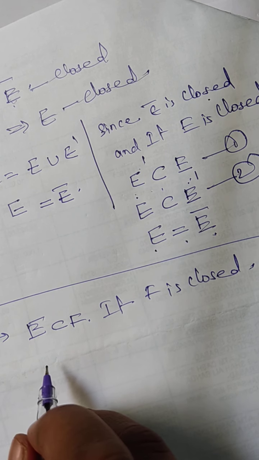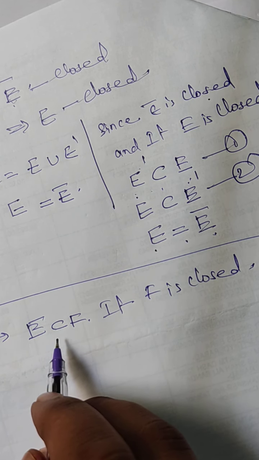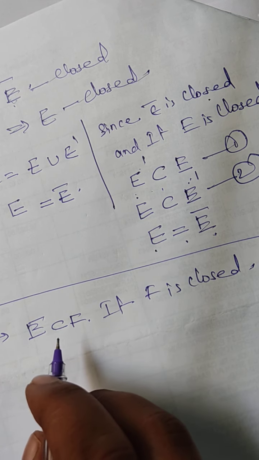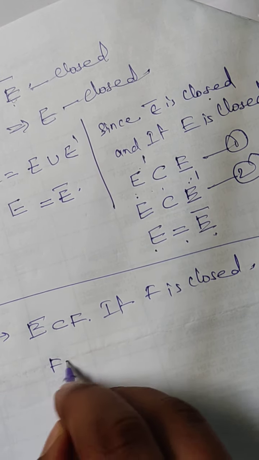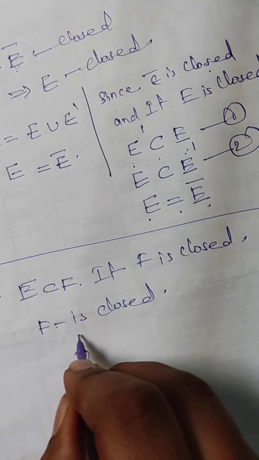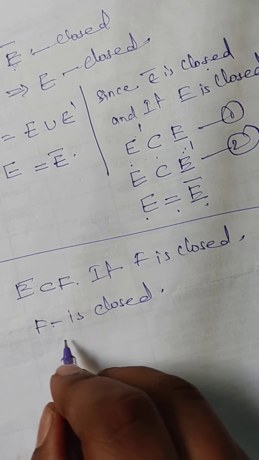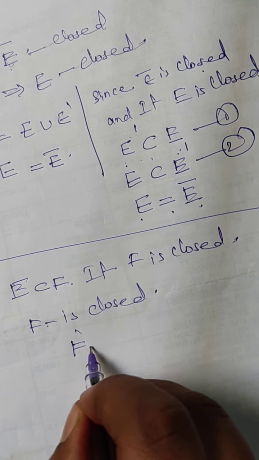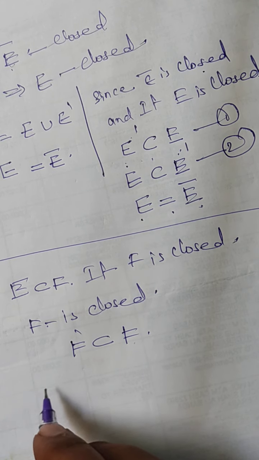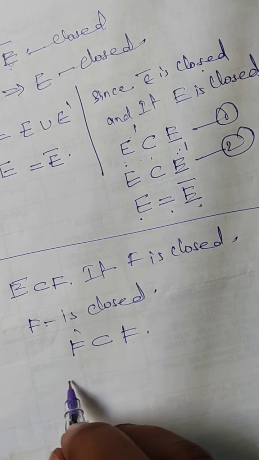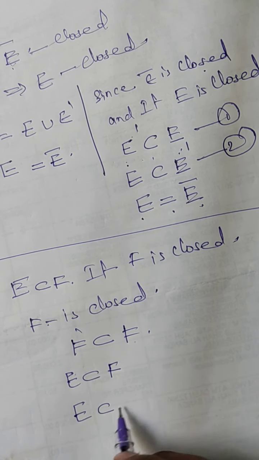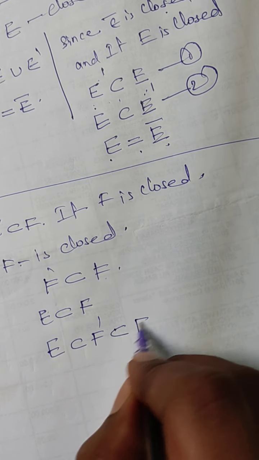We have to prove that E closure is a subset of F. If F is closed, we can write from the previous theorem that the limit points of F are contained in F, a subset of F, and since E is a subset of F, we get that E is a subset of the limit points of F, which is a subset of F.